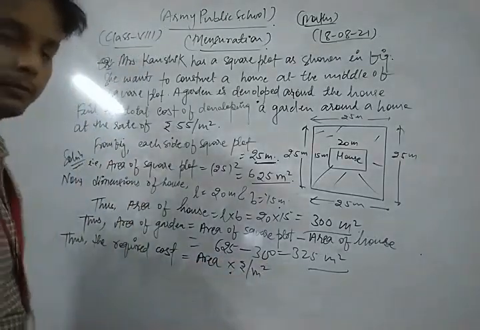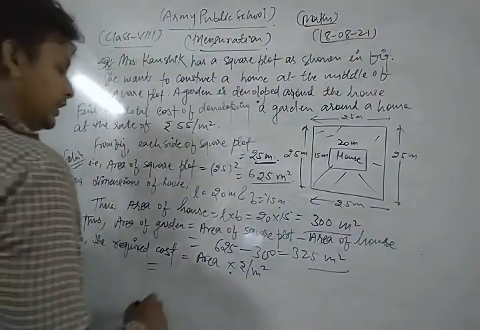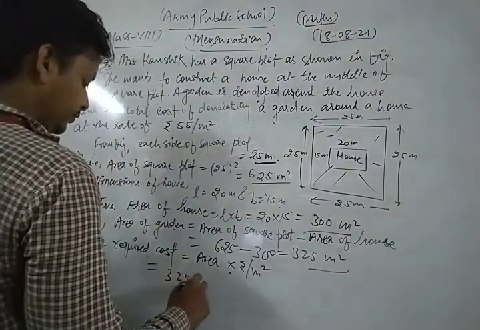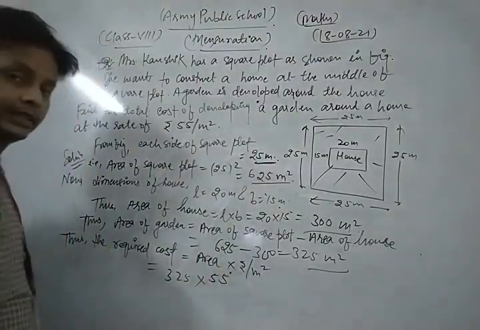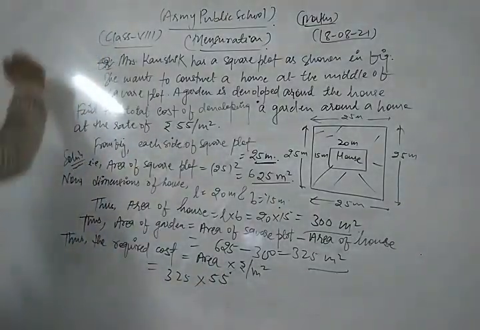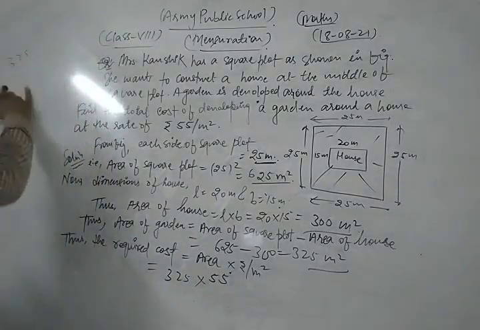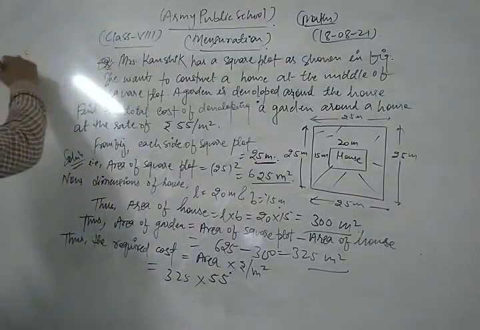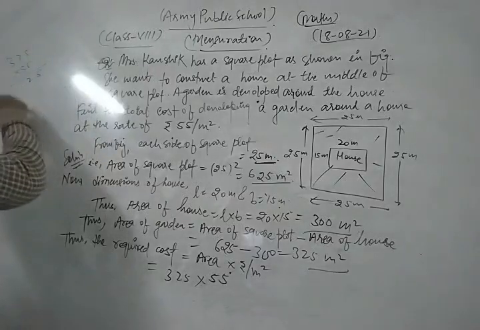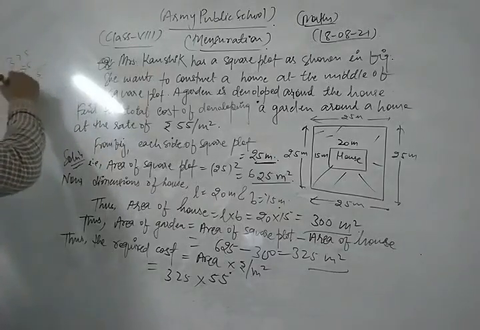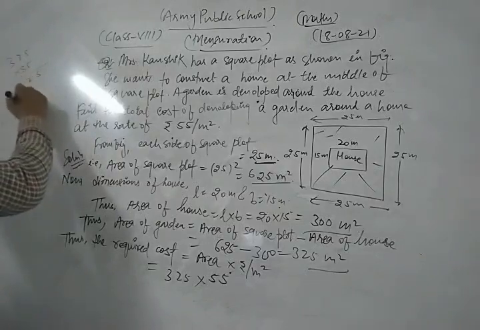The area is 325 and the rate is 55, so we multiply them.